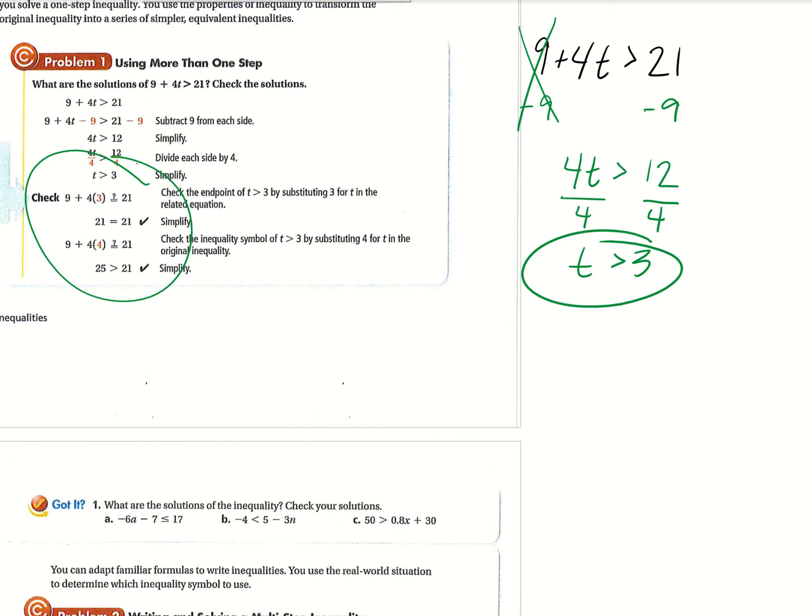If you want to check that your graph is pointing the right way, your arrow the right way, you could plug in something. For this one, they plug in 4, or something else that's greater than 3. It doesn't really matter what. That would be how you would check that, but that's really it for that first example.